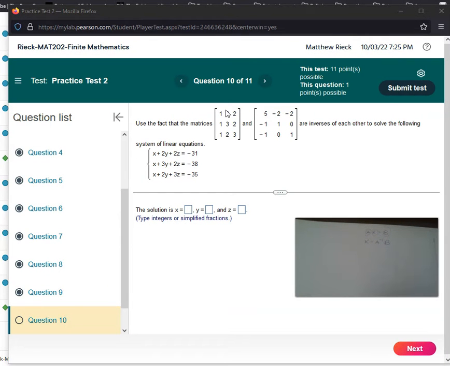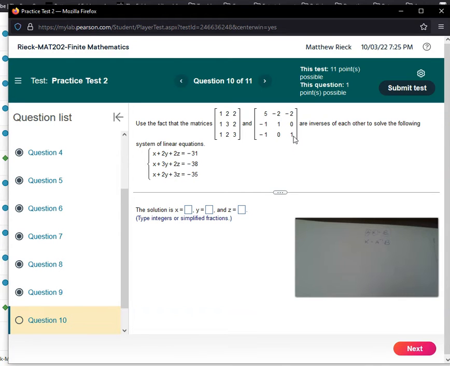In this case, my A, the matrix corresponding to this system of equations, is given here, and we're given that the inverse is my second matrix. So A inverse is going to be the matrix 5, negative 1, negative 1, negative 2, 1, 0, negative 2, 0, 1.